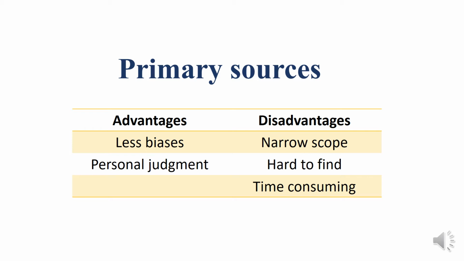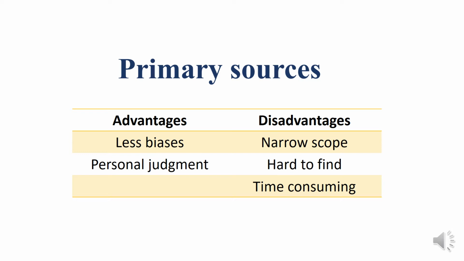The disadvantages are that they have a narrow scope, because the scope of a single source may be narrow. For example, if you have a photograph of the author, it is only one source, so it is a narrow scope. You don't have a lot of information, only one photograph.